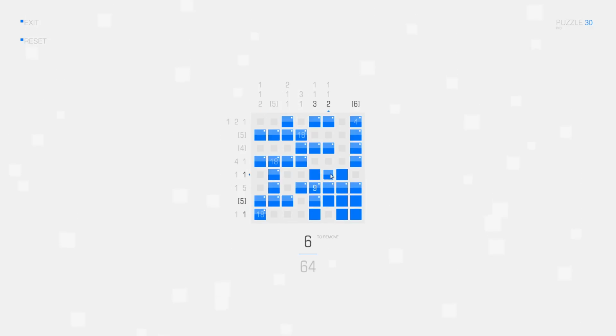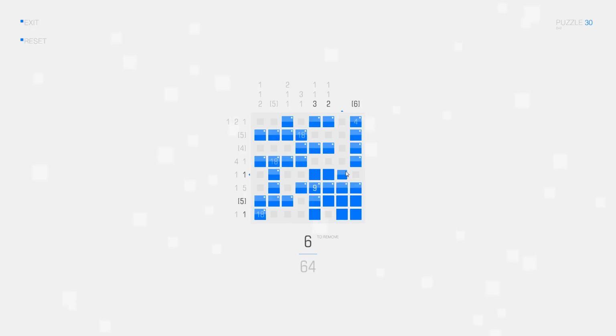Now in this row we need 1 square, 1 separate square. In this row we also need 1 separate square, and here we also need 1 separate square. So that does mean that we can delete all the squares in this column, right? Well, let's check again. We have 1 square here, 1 square here, and 1 square here, and we need 1 square here, 1 square here, and 1 square here.